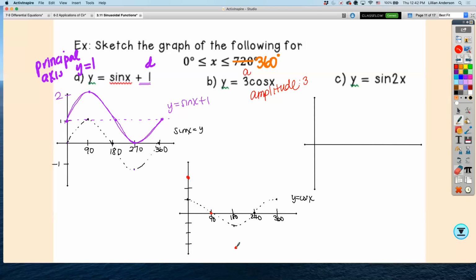This one at 270, that one's actually going to stay the same. But then 360, 1 will be 360, 3. And when I connect all of these points, hopefully smoothly, you can see that the original graph of cosine that was in the black has now been stretched vertically by a factor of 3.